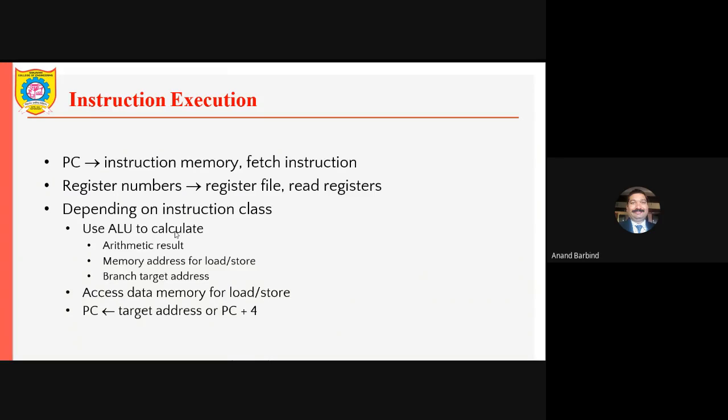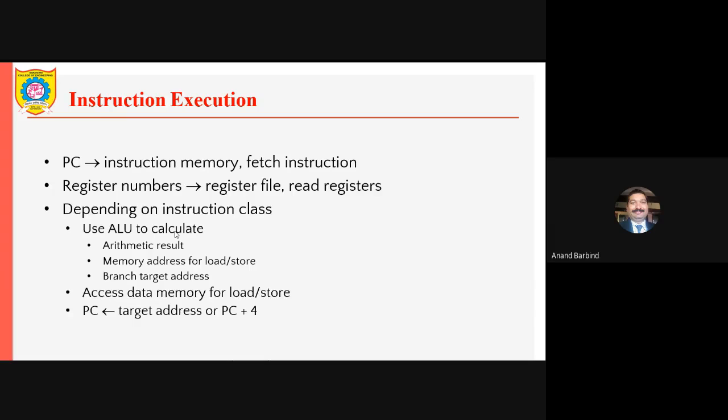The load and store instructions are there for the purpose of loading data from memory or storing data to the data memory, and in that case there is a specific addressing mode, and the role of the ALU is to calculate the address. Simple additions would be required to calculate the address of the memory where the operand is.